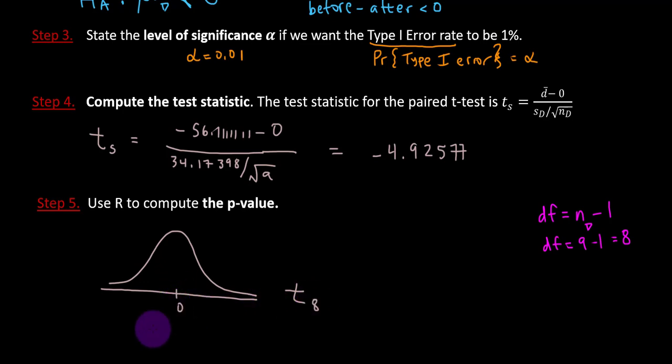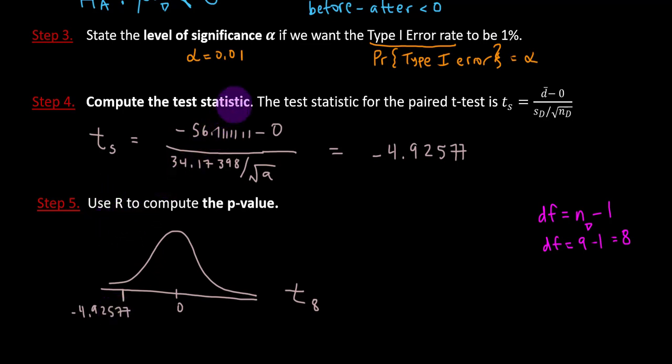0 is always in the middle. And gee whiz, our test statistic is negative 4.92577. And we want the area beyond our test statistic.